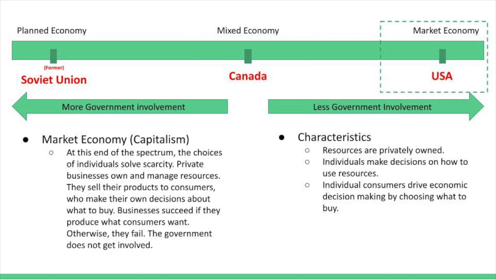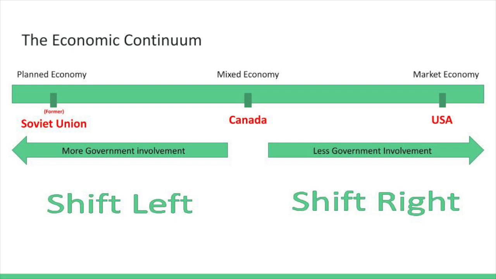The United States, on the other hand, leans more toward a market economy with more private ownership and less government control. When there's more government control, the economic continuum shifts to the left, and when there's less government control, that economic system shifts to the right. We can compare policies using this economic continuum. Left for more government involvement, and right for less government involvement.